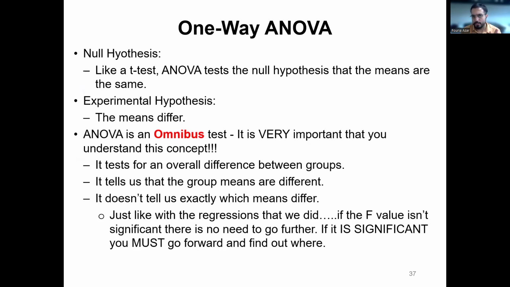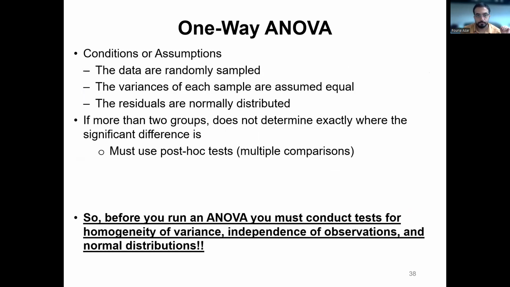So just like the linear regression model, if the F value is not significant, there is no need to do a post hoc test. If the F value is not significant, it means all means are statistically equal. So there is no need to do a post hoc test.